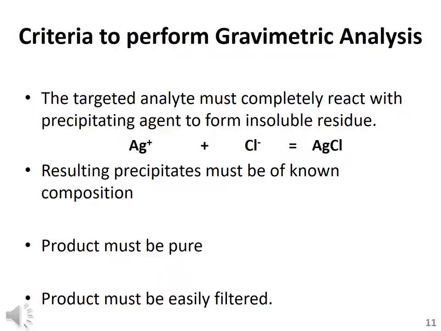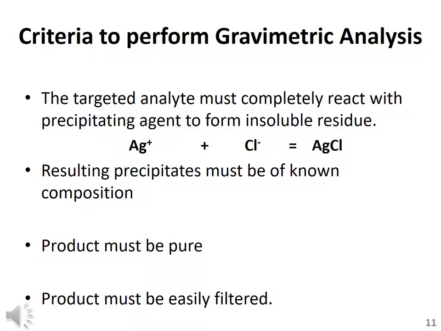So if you are willing to perform a successful gravimetric analysis, and in the earlier slides we discussed a lot about the preparation of solution, then you should keep in mind that the solution should be clear. No particles can be seen by naked eye, and there is no colloidal solution.